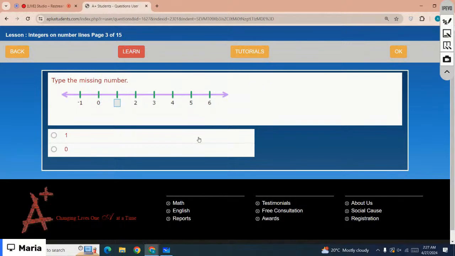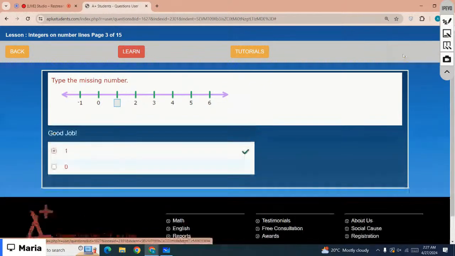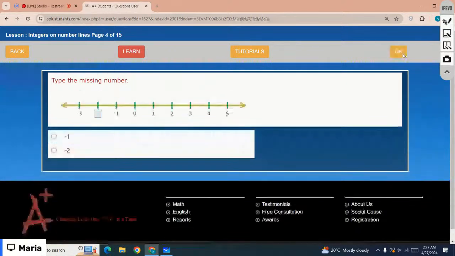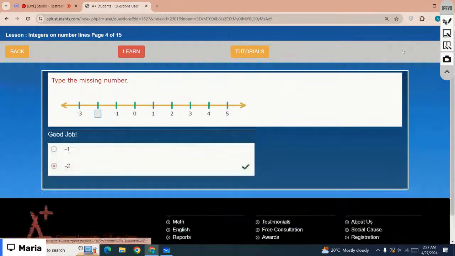The correct option is 1. That is negative 2. The correct option is negative 2. Okay, you can complete the lesson by yourself later today.